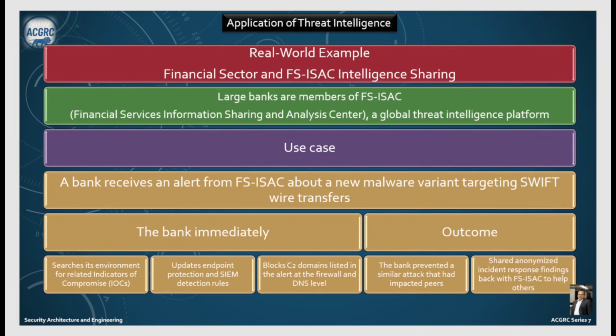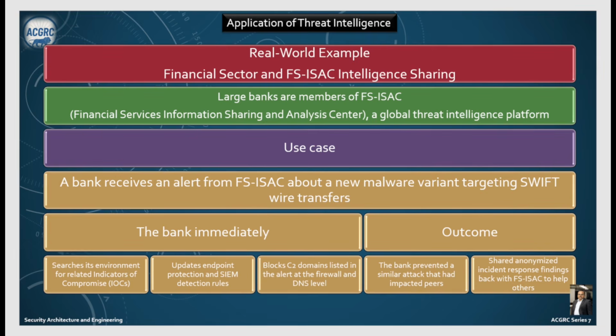Real world scenario: large banks are members of the FS-ISAC, which is the Financial Services Information Sharing and Analysis Center. A bank, in this case, receives an alert from the FS-ISAC about a new malware variant targeting SWIFT wire transfers. The bank immediately searches its environment for related indicators of compromise, or IOCs.